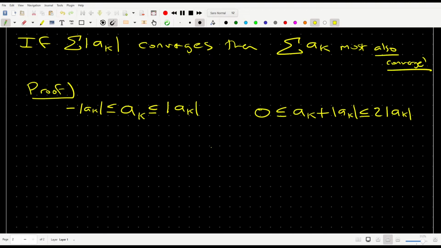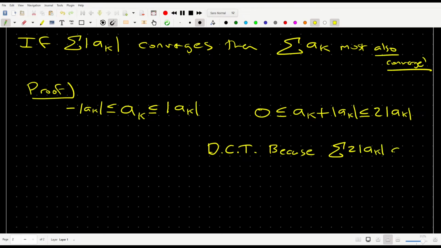And then from the direct comparison theorem, we can say that, because by assumption the sum of the absolute values of a_k converges, the sum of 2 times the absolute value of a_k must also converge.